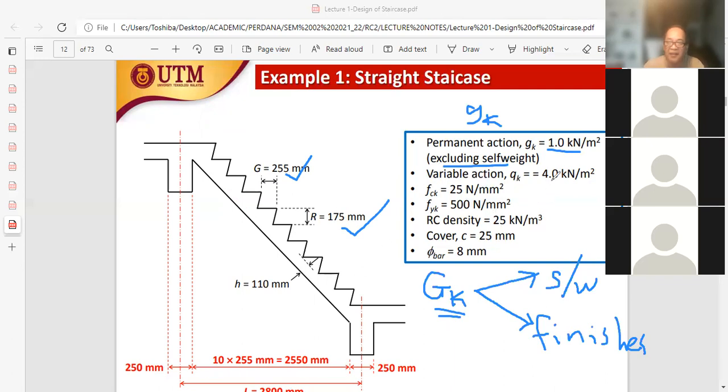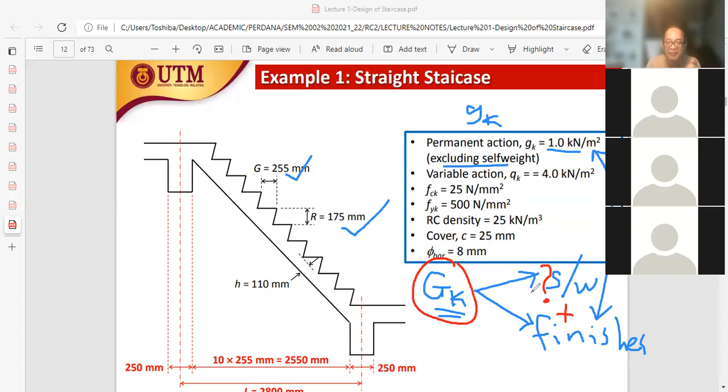So in the question, what is given here, 1.0, is actually the value related to finishes only, because it clearly states here excluding self-weight. So this self-weight value has to be calculated. We need to evaluate what this self-weight component is, and then finally add up these two components to have our total GK. So the total GK will always comprise two components, the self-weight component, the main component, and the secondary component would be the finishes component.